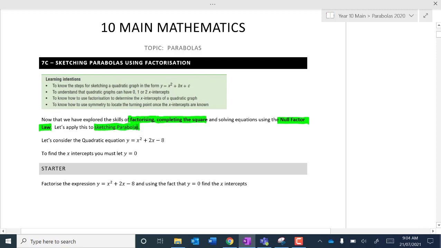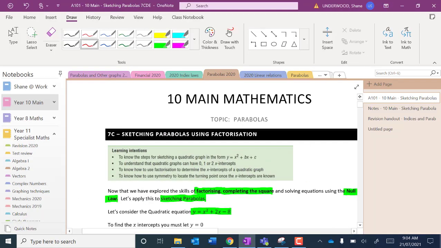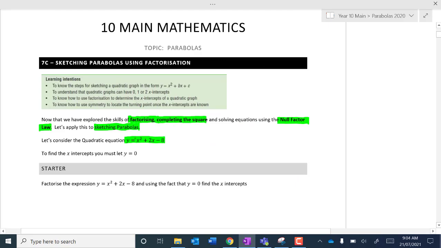So let's consider if I had the parabola, the quadratic equation, y is equal to x squared plus 2x minus 8. Well, in the past, you might have actually seen just this, and we've just asked you to factorize this, what we will call, in this case, a monic trinomial.